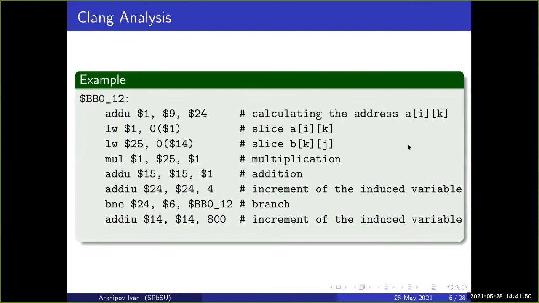The slice of A[i][k] is not optimal. For example, for array B it is optimal, but for array A we should spend a command to calculate the address.